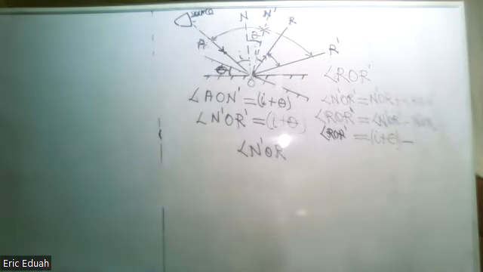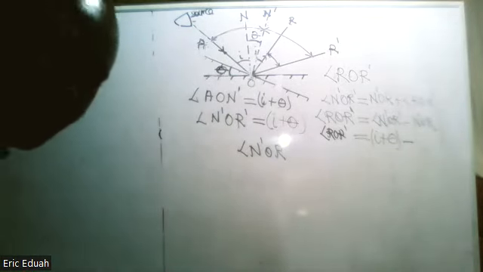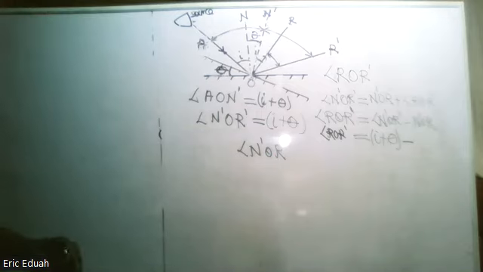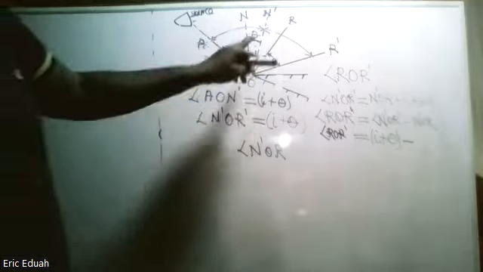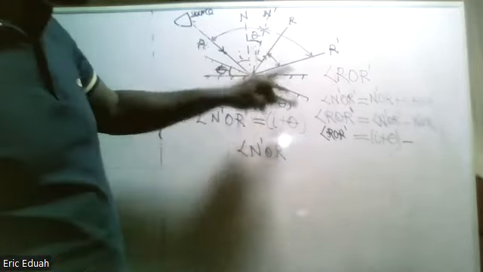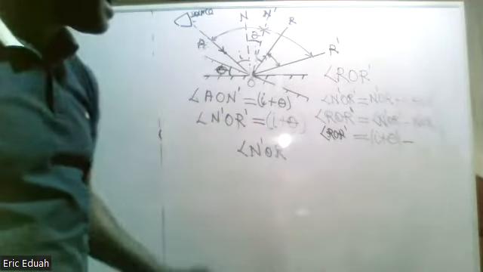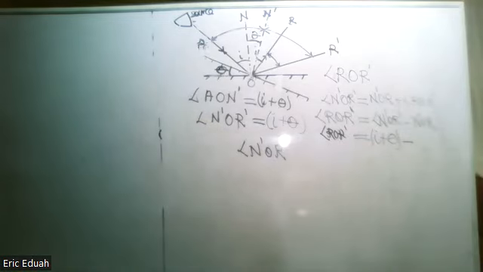So I'm giving you 2 minutes to think through, look at it carefully, and then come out with what you think. We are looking for this small angle to subtract it from I plus theta to get what we are looking for. 2 minutes, start work.